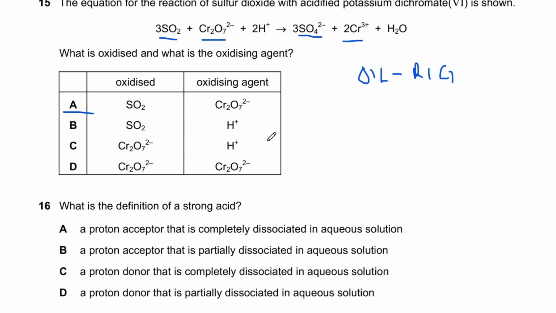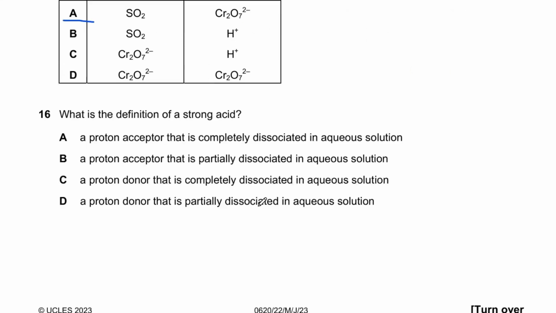Next question, question 16. What is the definition of a strong acid? Let's look at option A, a proton acceptor that is completely dissociated in aqueous solution. It is wrong because it's bases that are proton acceptors, not acids. Then option B, a proton acceptor, is wrong also. Anything acceptor is wrong.